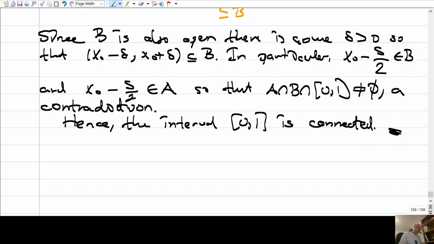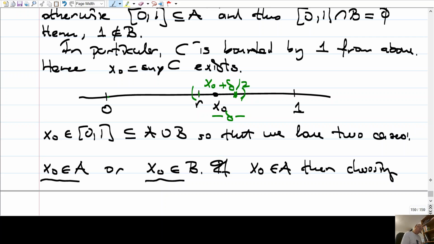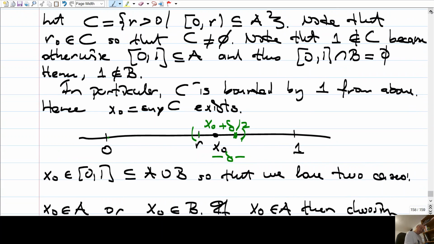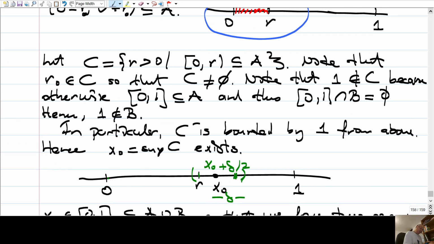Well, I don't know whether it is one. Why is that? Because you see, well, actually, it cannot be one. Why is that? Here it is. C, one cannot be in C. Why is that?